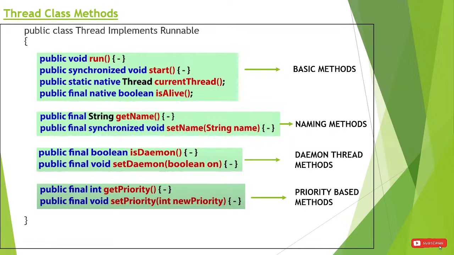What is meant by a native method, in short, is that its implementation is written in another language other than Java, like in C++ or C. The implementation of this method, currentThread, is written in another language like C or C++. That is called a native method. If you see any native method, its implementation is written in another language other than Java.